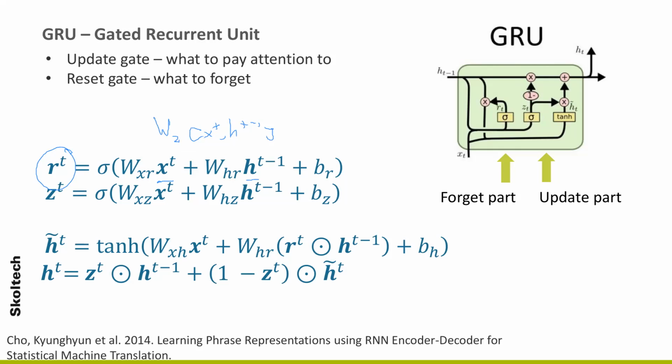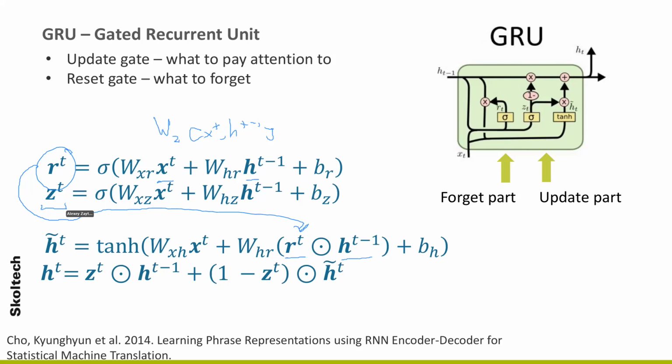And when we look here, we have this component by component product of the previous hidden state and R, and we tell our neural network, our hidden state, what we want to forget. Also, we have the ZT on what we update here.